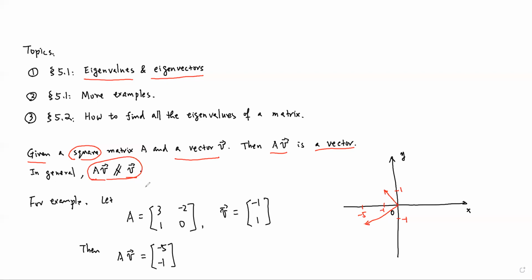But there are some special vectors where A times the vector is parallel to the original vector. There are some such vectors.